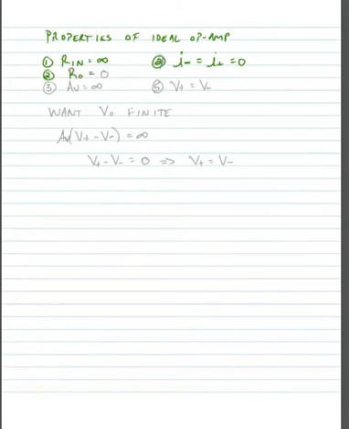Of course, we know that our output resistance is equal to 0. We would like our voltage gain to be infinite, ideally, and we get to a fifth property that says that V plus is going to be equal to V minus when we connect the system in feedback.